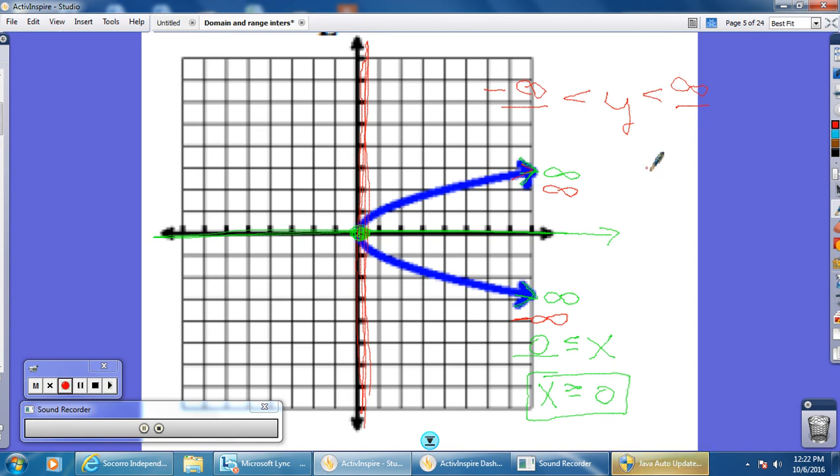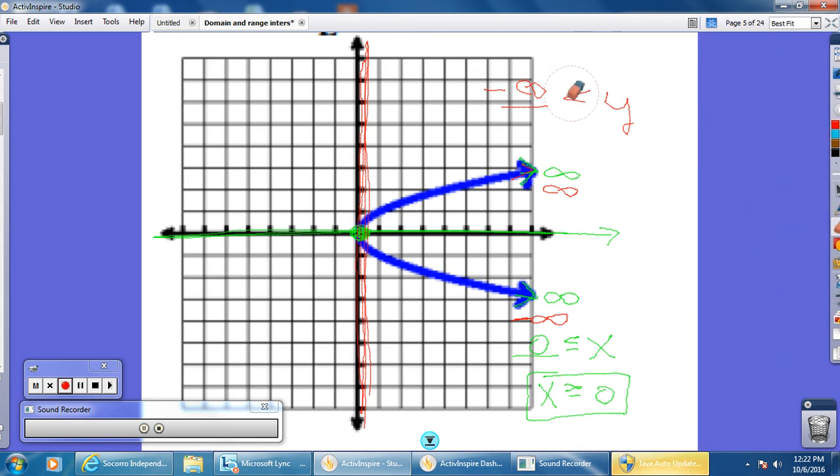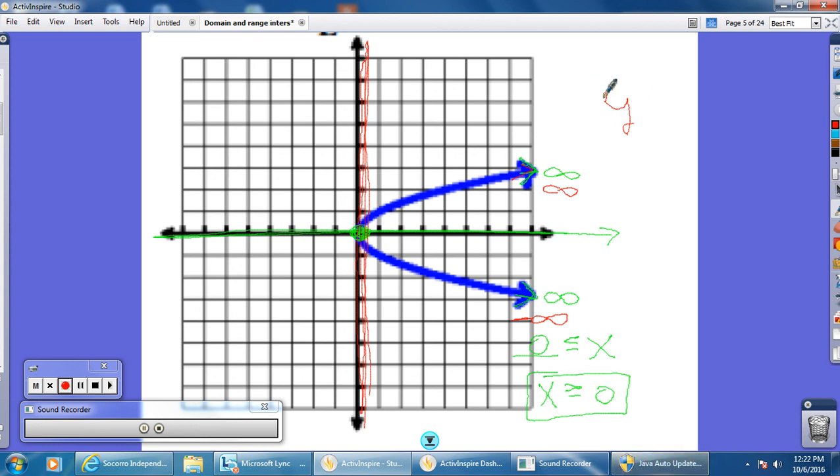Now wait a minute, miss. If you erased the infinities down here, can I erase the infinities up here? All right, so let's check that out. If you erase the infinities from up here and their sign, what are you left with? You're left with y. What? So that means all y values.